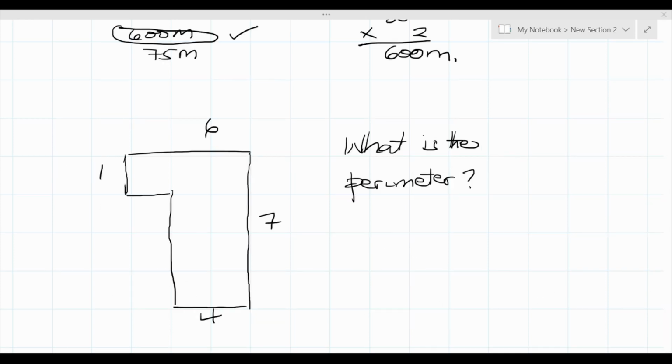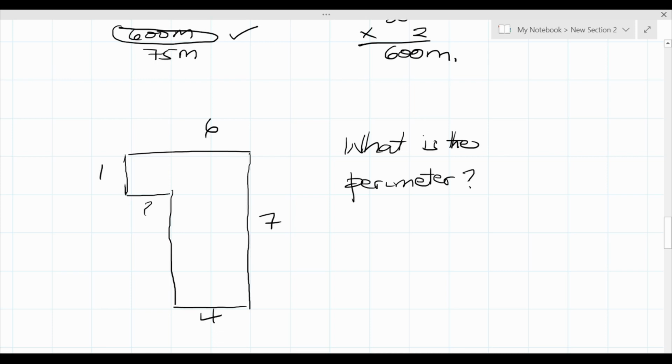All right, this next question has a shape that looks like this, and it's asking us to tell what the perimeter of this shape is. And here I have some measurements. I have 6, I have 4, 1, 7, and I'm going to be missing one side because I have one side here, I have another side here at 7, 6, 1, but I'm missing something here.